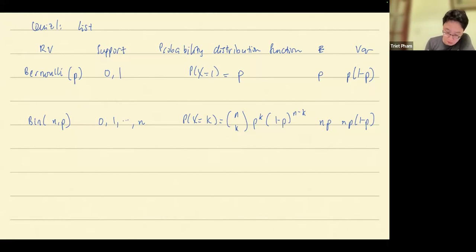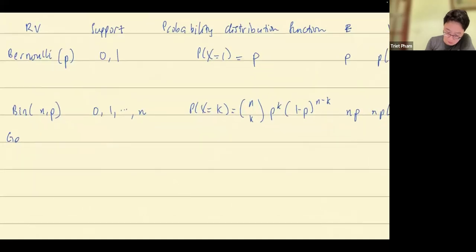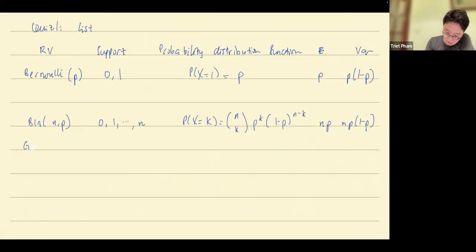Well, how about the geometric? What is the geometric random variable?